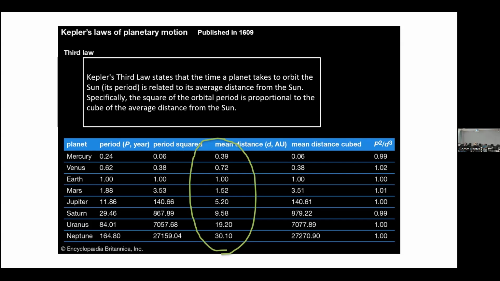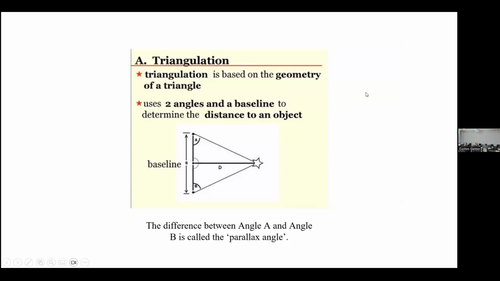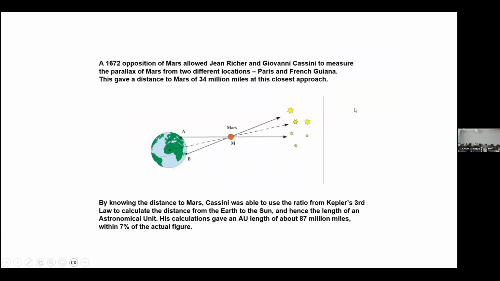We knew the ratio of their distances from the sun. We didn't know the values. It was up to somebody else to discover the values. This is just how triangulation works.